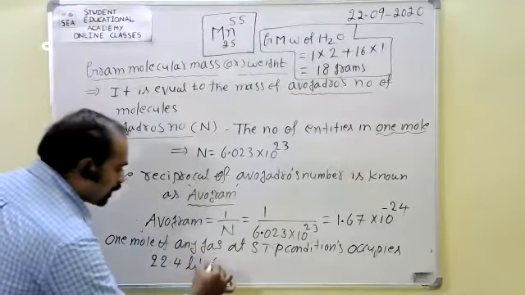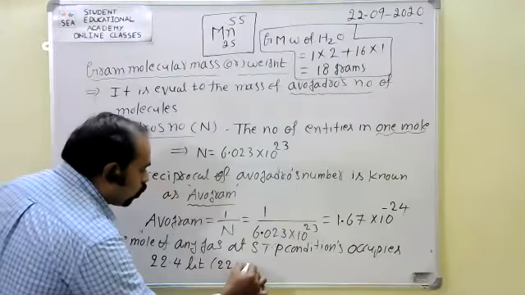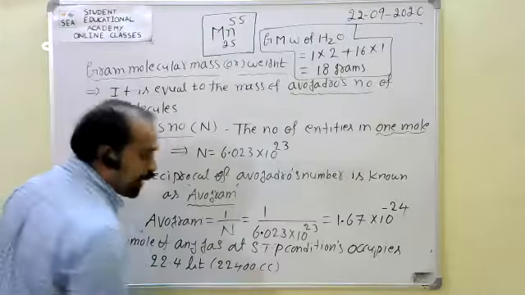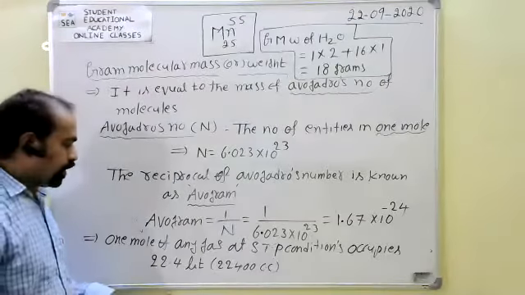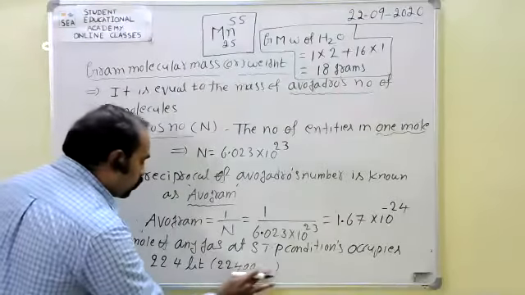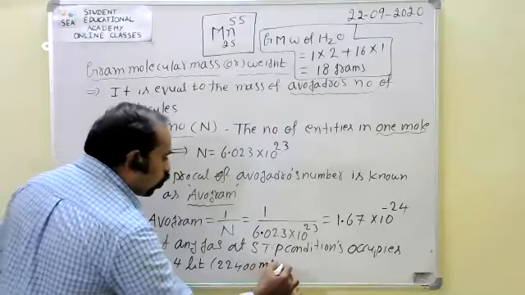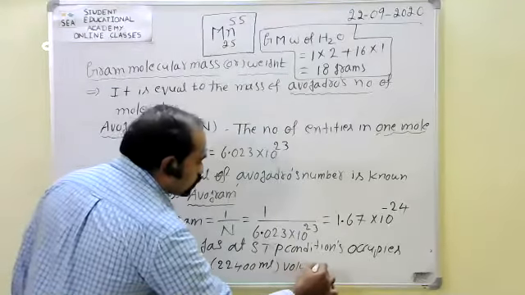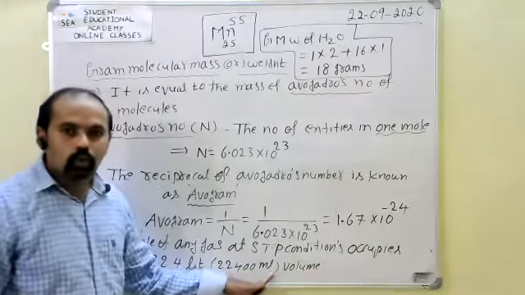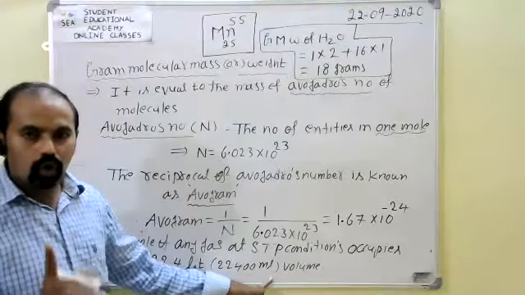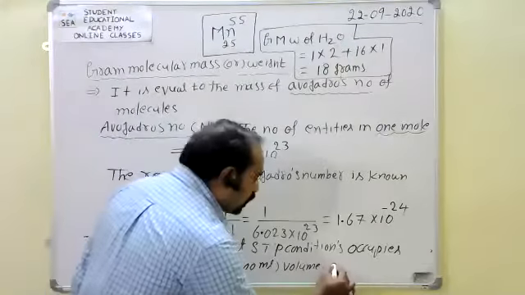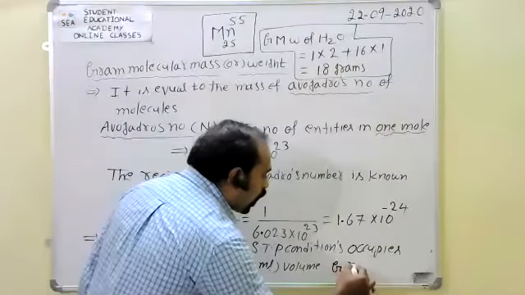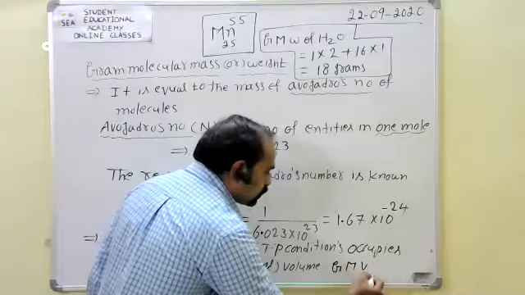That is nothing but 22,400 cc, which is nothing but ml. This 22.4 liters volume is known as gram molar volume.